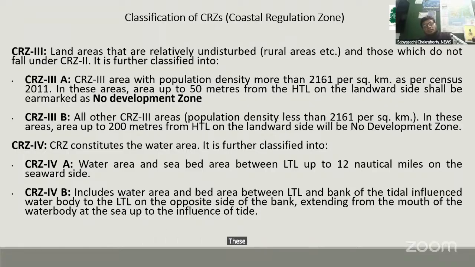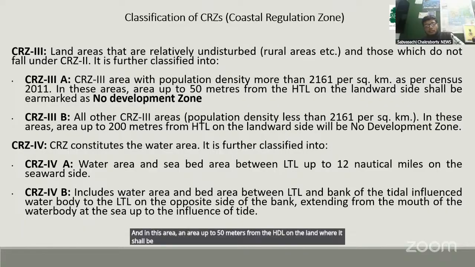These are again further classified according to the census into CRZ3A and CRZ3B. The CRZ3A area is an area with a population density of more than 2,161 persons per square kilometer, and in this area, an area up to 50 meters from the HTL on the landward side shall be earmarked as a no development zone.